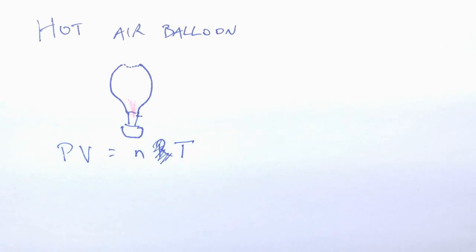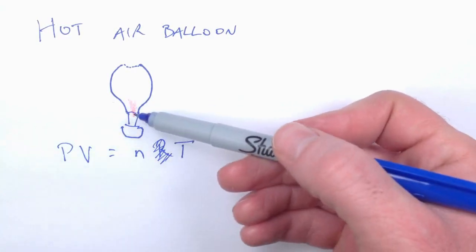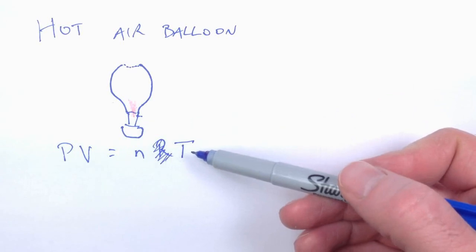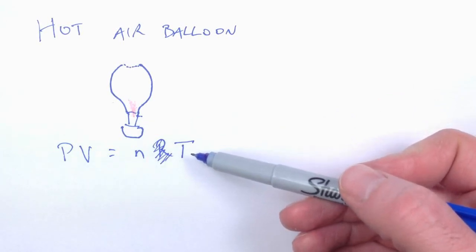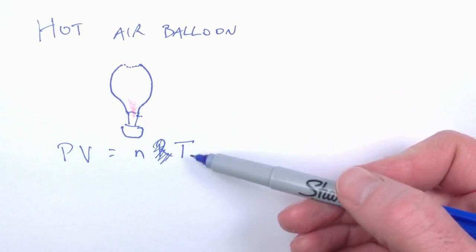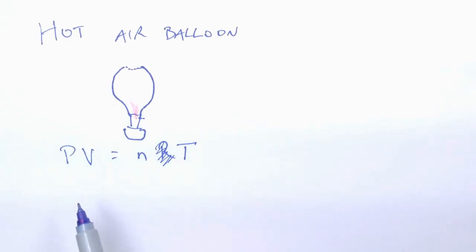Okay, so what things can change and what things would you not expect to change? Obviously, if there's a heat source, we're going to see the temperature change. So this can fluctuate. Now, temperature is going to be directly proportional to the things on the other side of the equation.